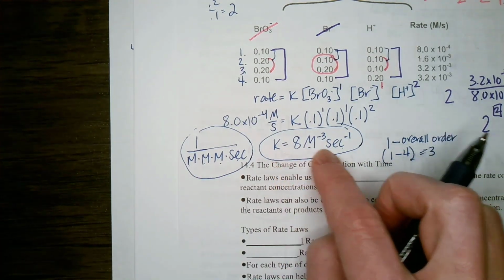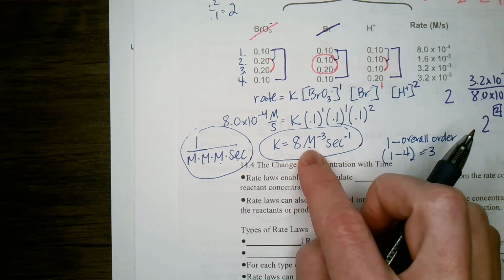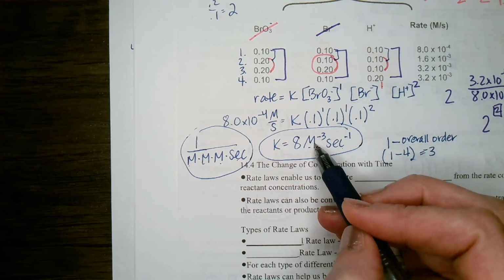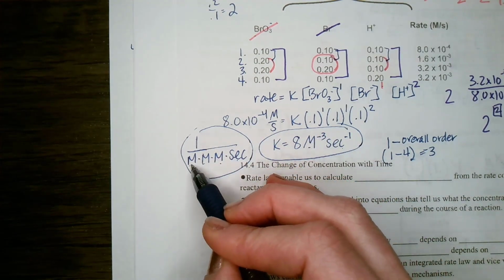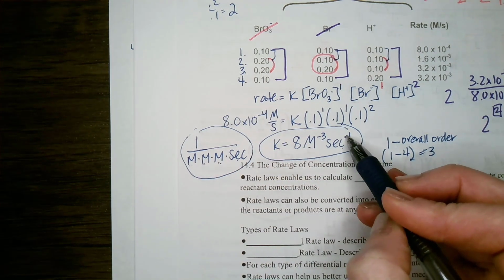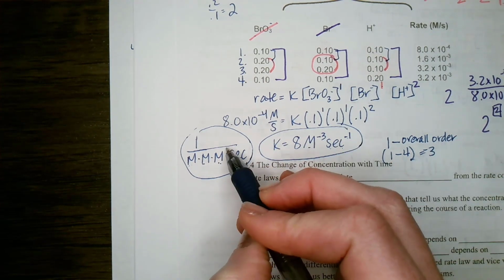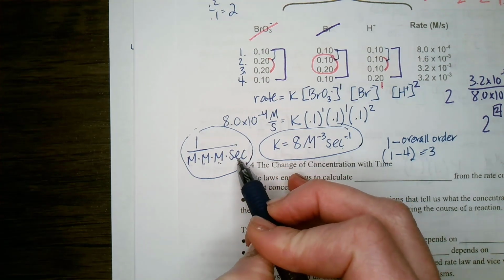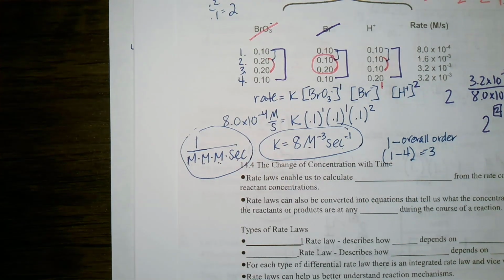So these two units are equivalent to one another. You just tend to see it written more linearly this way. So M to the negative 3 is the same as saying 1 over M times M times M, and then seconds to the negative 1 would be the same as 1 over seconds.